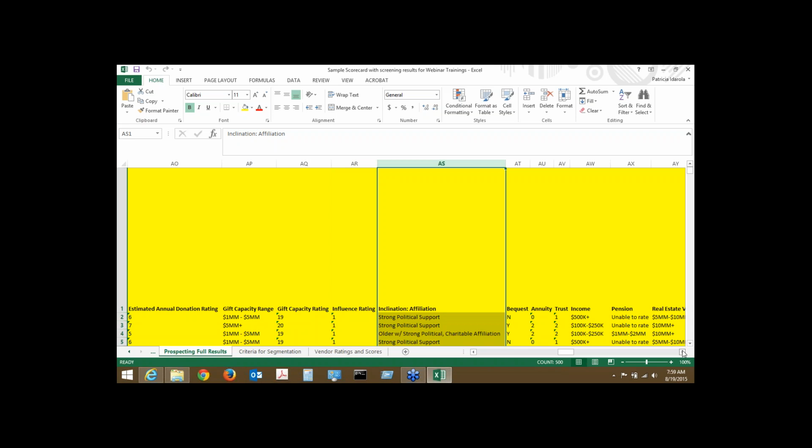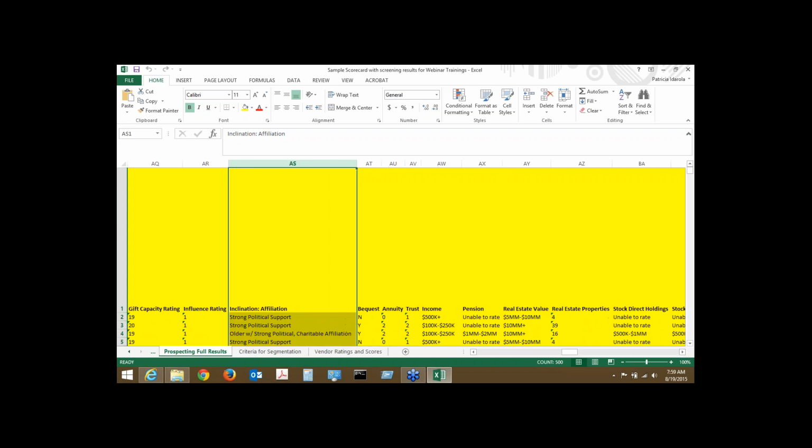You also get political information in your file, political donation information. The reason that wealth screening companies look at this, and all of them do, is for a couple of reasons. One is that they have seen that there is a correlation between political donors and their philanthropic giving. What they've seen is that people who give politically are looking to impact their community through their political dollars, and those same people are looking to impact their community through their charitable donations.